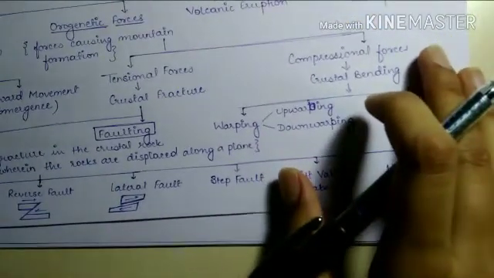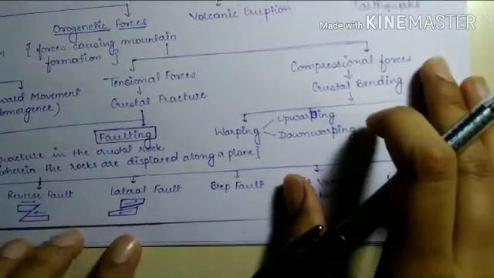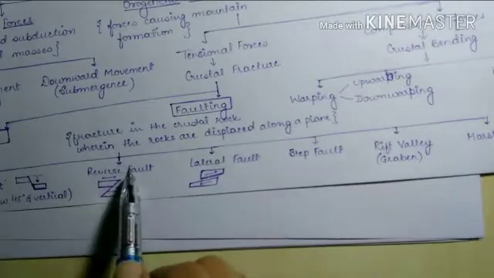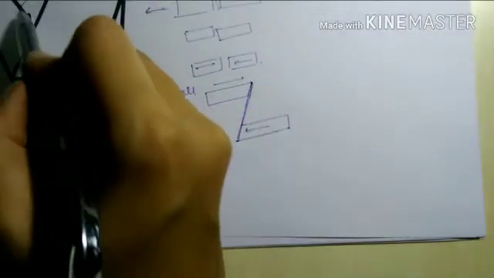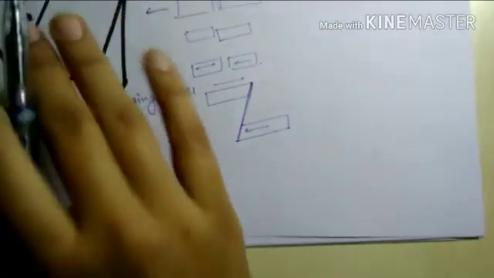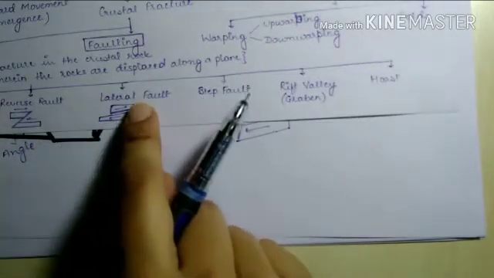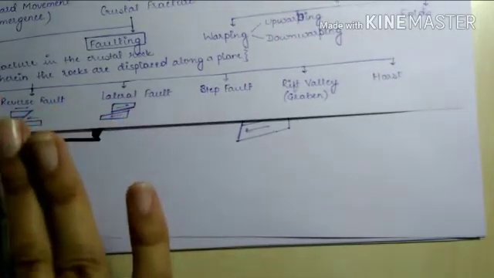Now the next one is lateral fault or strike slip fault. I told you what is strike. So the normal fault and reverse fault were dip slip faults. And now the lateral fault is a strike slip fault.